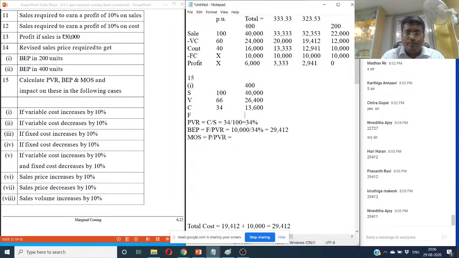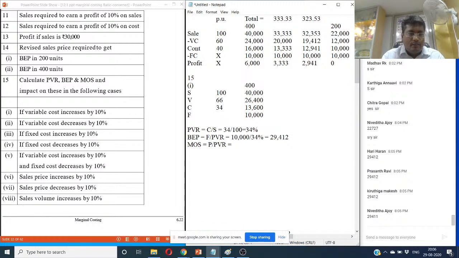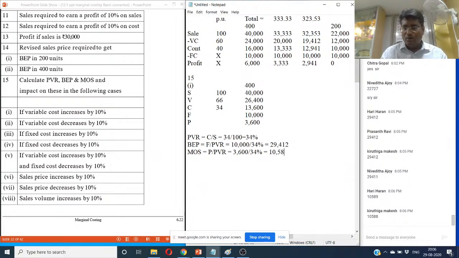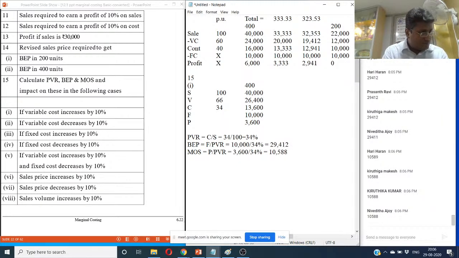Fixed cost being the same 10,000. The revised profit being 3,600. Am I right? For the MOS calculation, I need the profit. So the profit being 3,600 divided by 34%. Come on. Is it 10,588? Okay, correct. Very good.